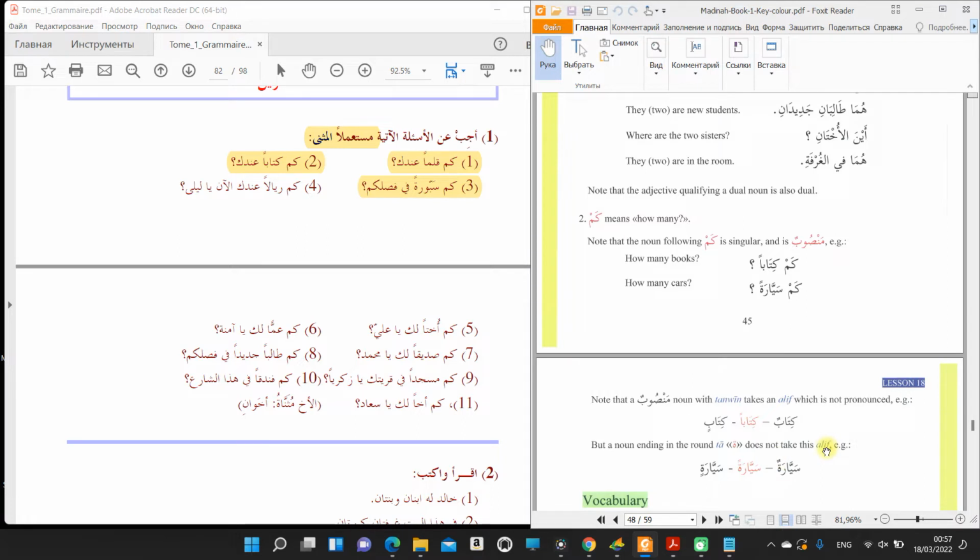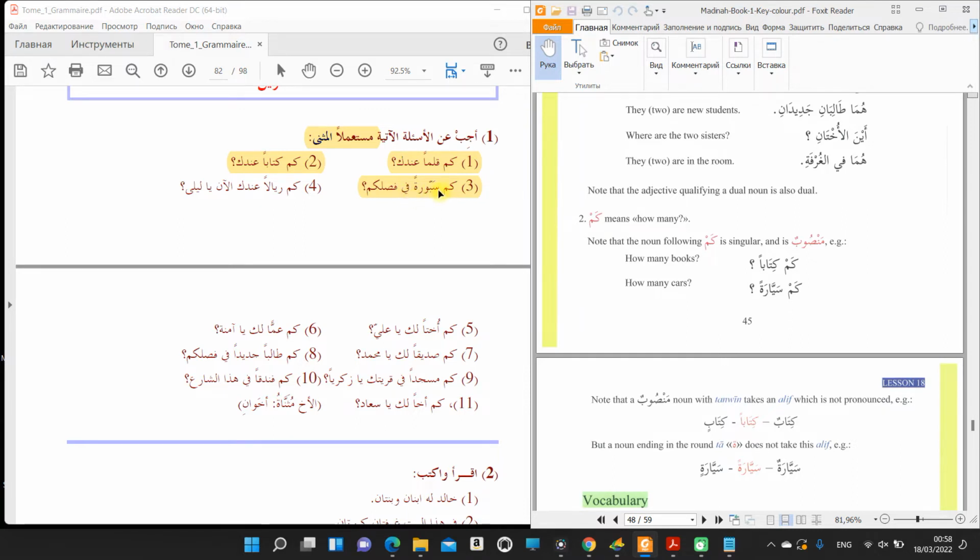That's how it works. So we see qalaman takes alif, kitabun takes alif, but saburatan, it's too cool to have this alif, because this ta marbuta, it's too powerful. So therefore it doesn't take this alif.